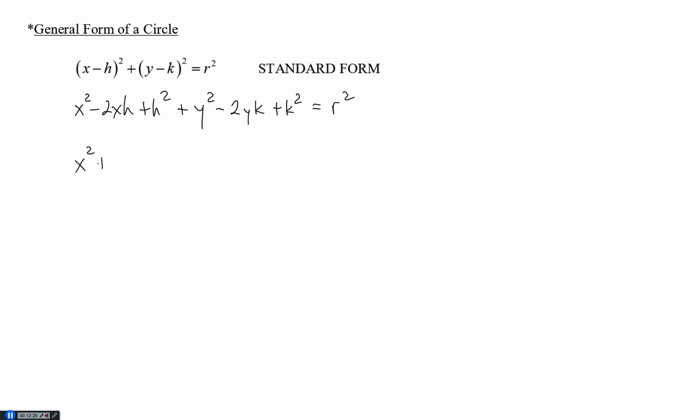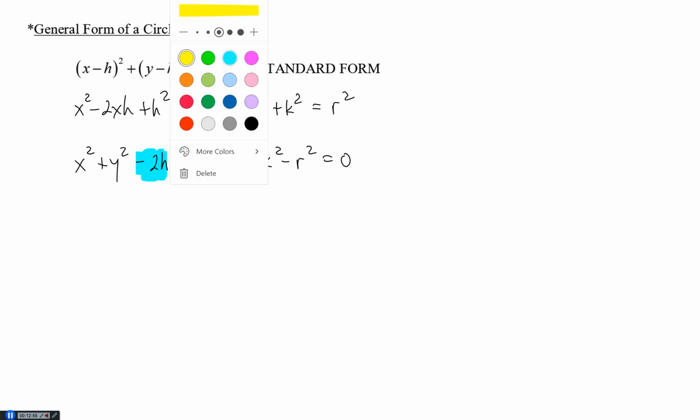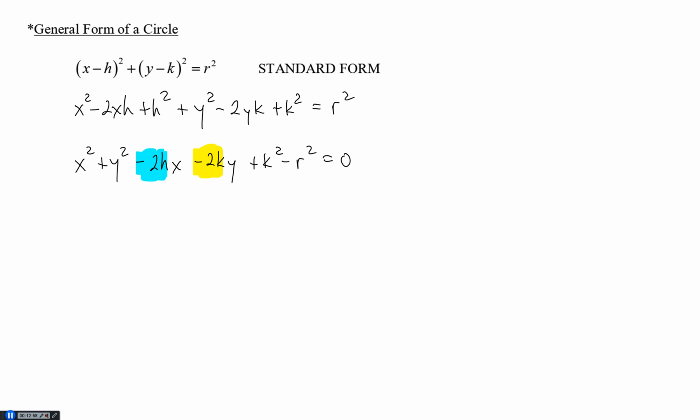So if I use the commutative property, and I subtract r squared from both sides, I can end up here. So this right here is a constant. This right here is a constant. And this right here is a constant. Those are all constants.